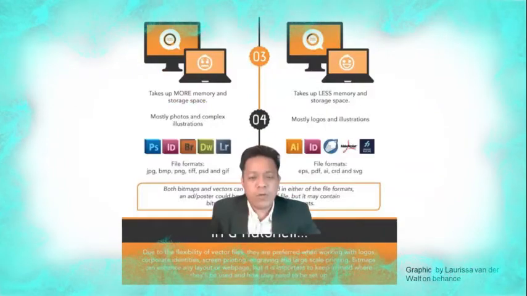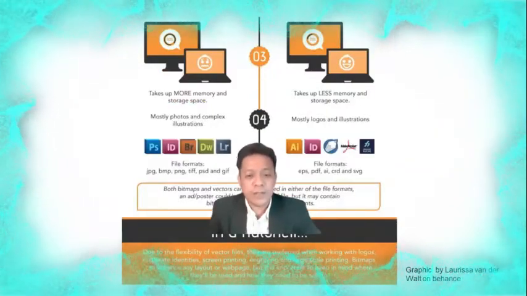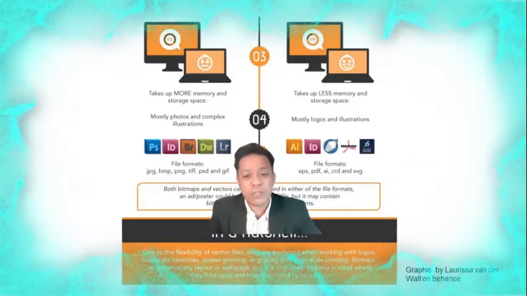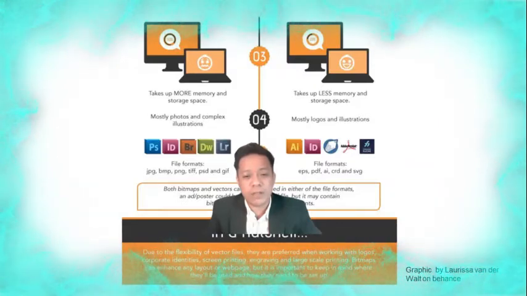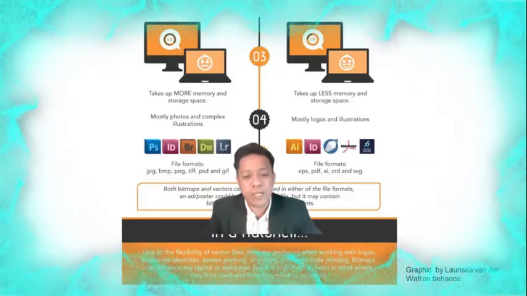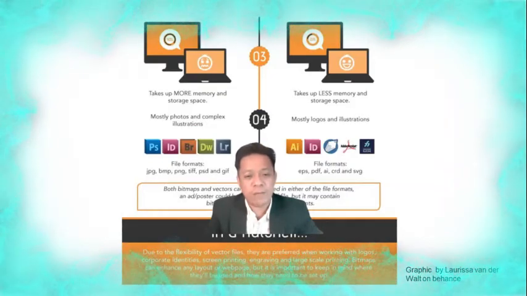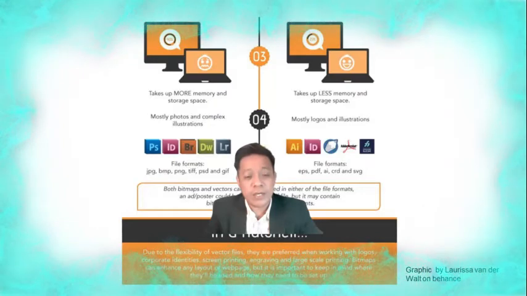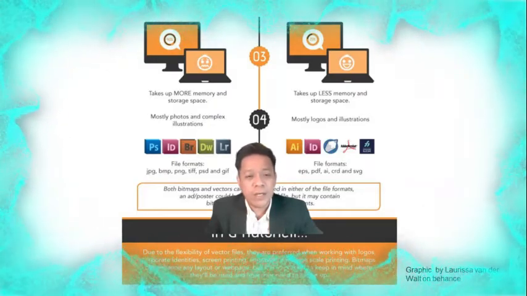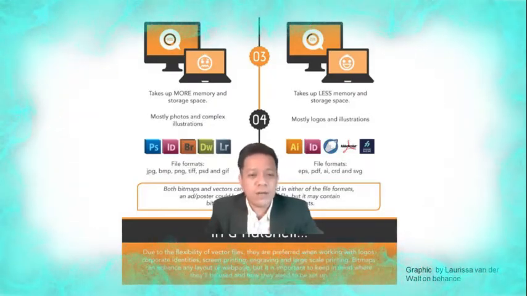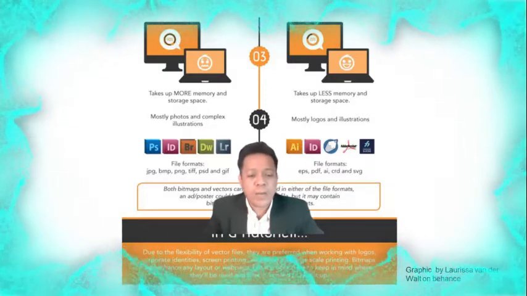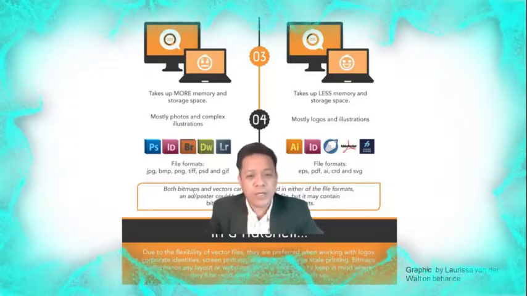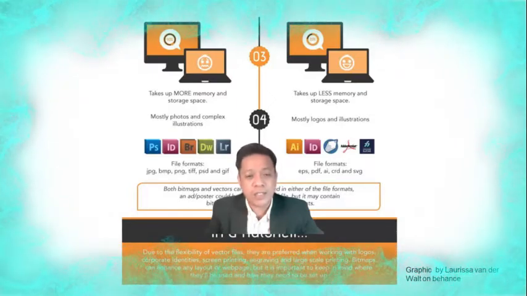Normally, when we want to create a graphic, we use specific tools and specific software. For example, if you want to develop raster, which is mostly photos and complex illustrations, you use Photoshop, InDesign, and so on.